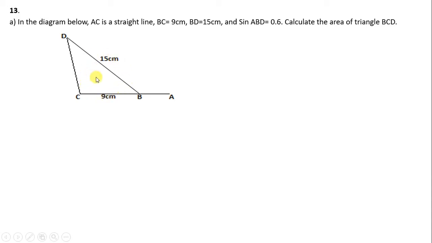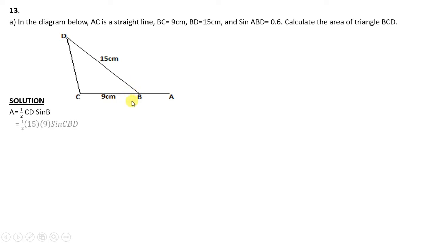So when you look at this one, you find that it is not a right angled triangle. Since it is not a right angled triangle, the formula for the area A is equals to half CD sine B. So when you say CD, we are looking at the sides which have been given, multiplied by the angle in between the sides.